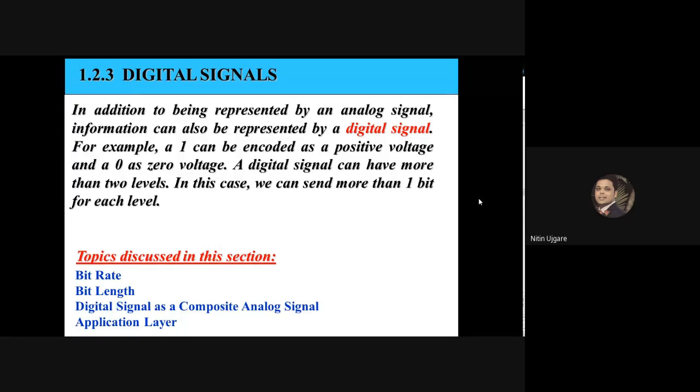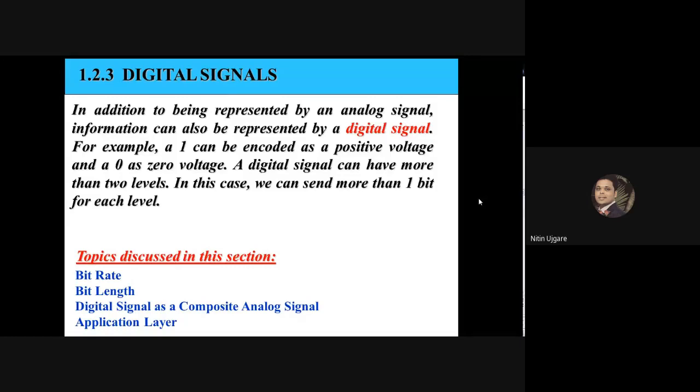A digital signal can have more than 2 levels. In this case, we can send more than 1 bit for each level. How many digital bits we can send depends on the levels of your digital signal.